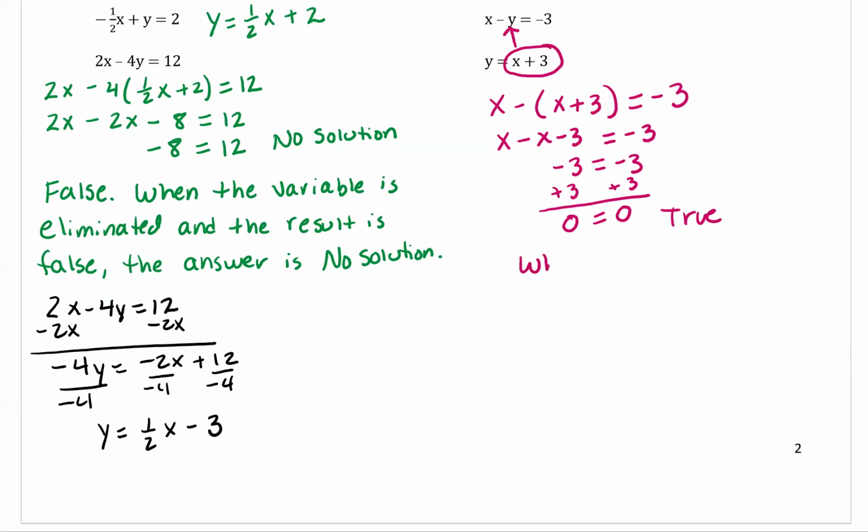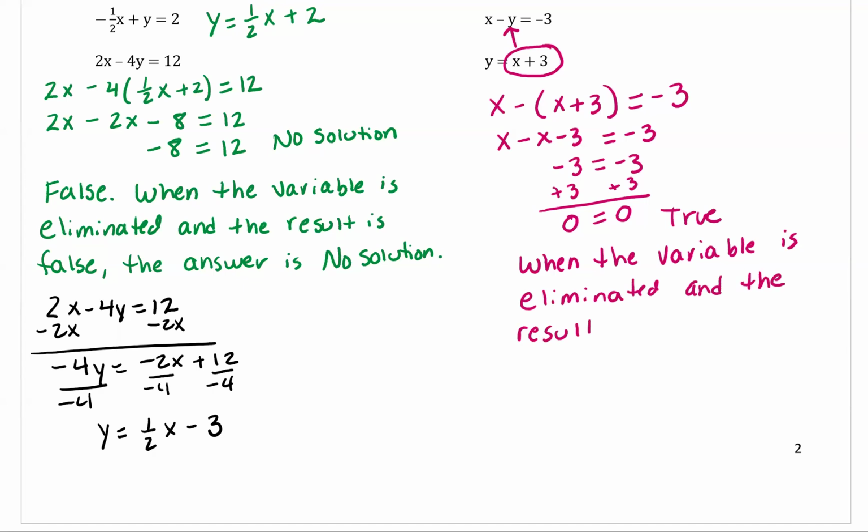Well, when the variable is eliminated and the result is true, then we have infinitely many solutions, which means the two lines are the same.